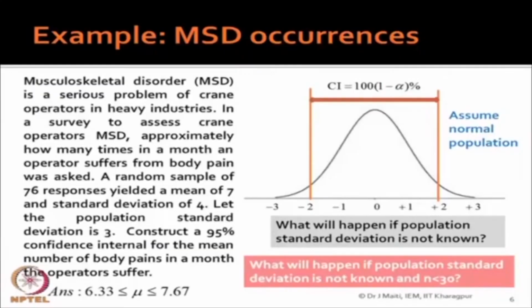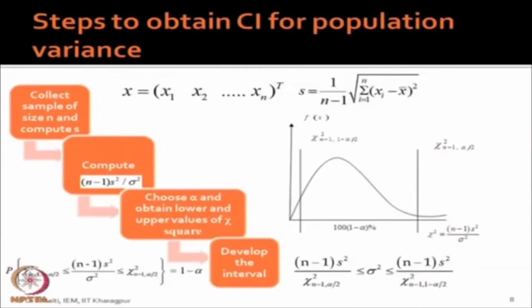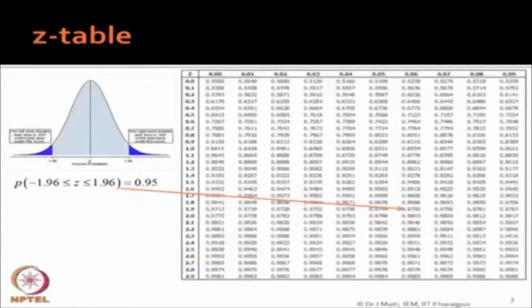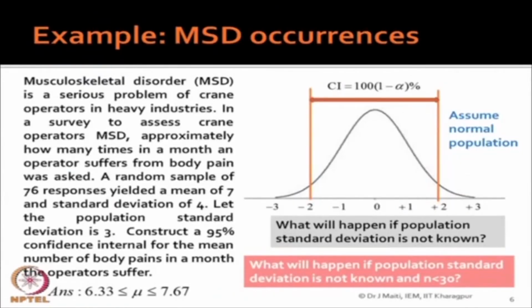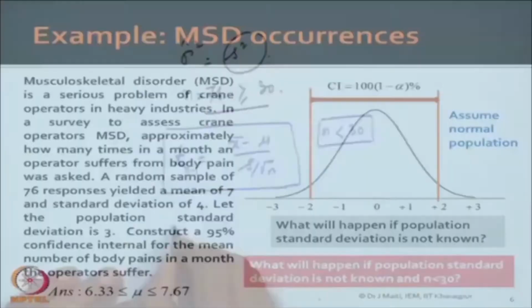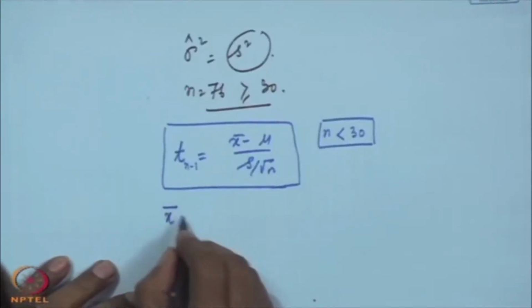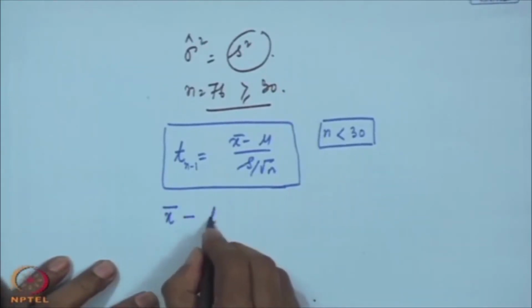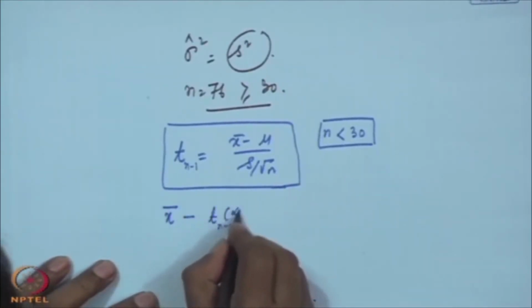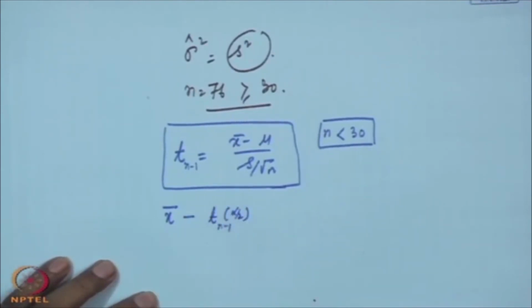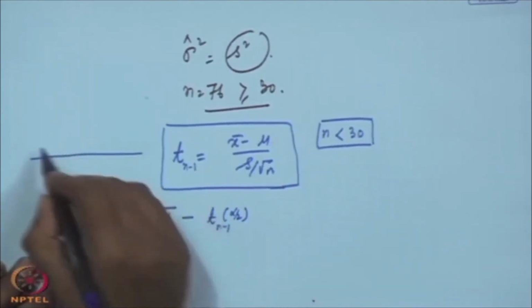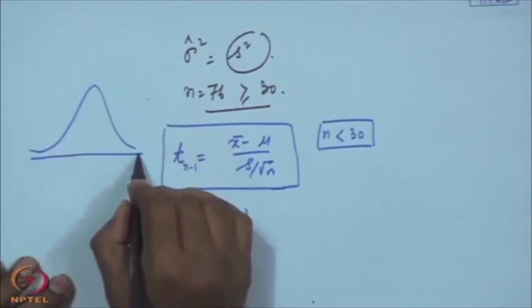So, let us see the T distribution. This one I have shown you, but the T distribution I have not kept here. So, you have to use the T distribution. What is required then? Your interval will be like this: x bar minus t n minus 1, alpha by 2, because the T distribution is also a two-tail distribution.